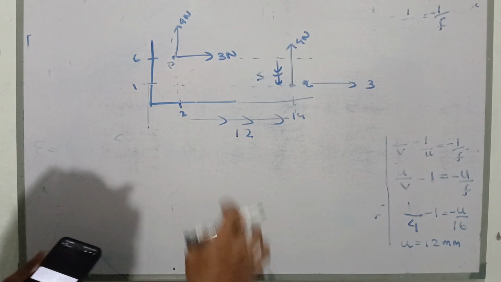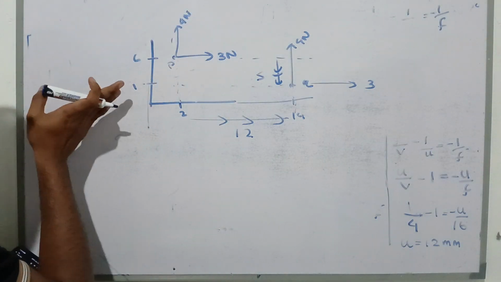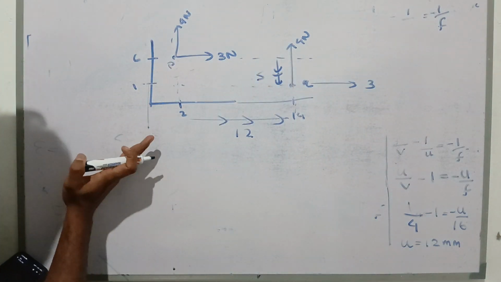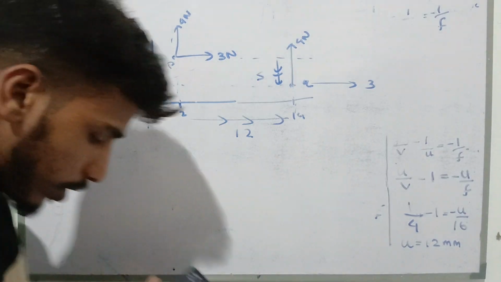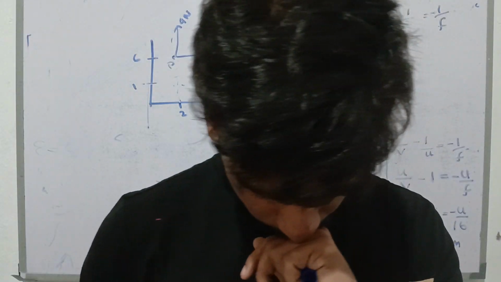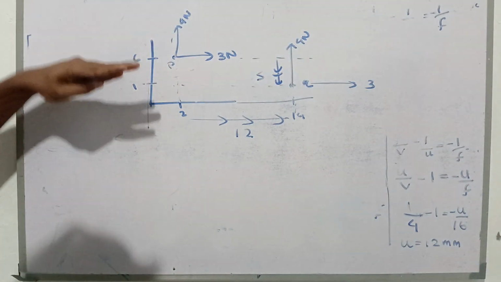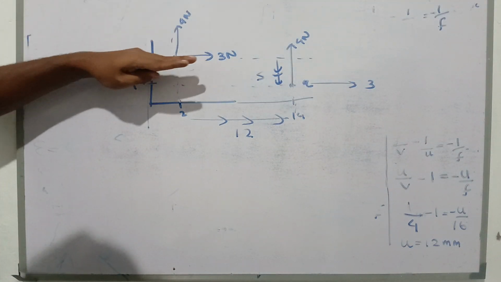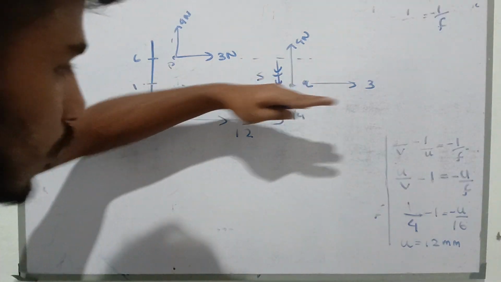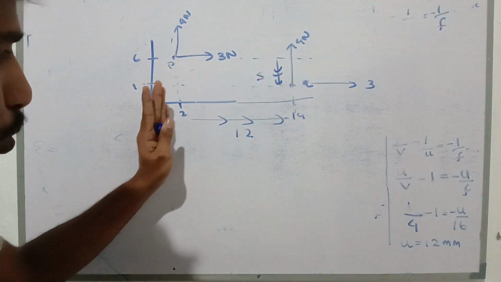Oh no, let's try that question again. Let's see whether there's an answer. You are providing a force of 3 Newton. So it is moving in the x-axis direction from 2 to 14.